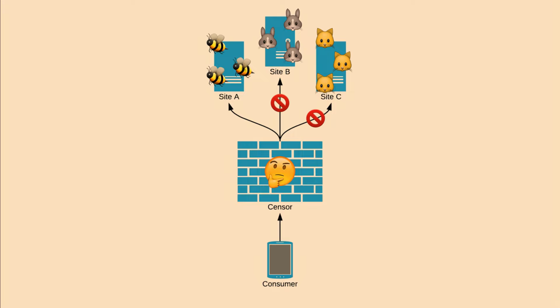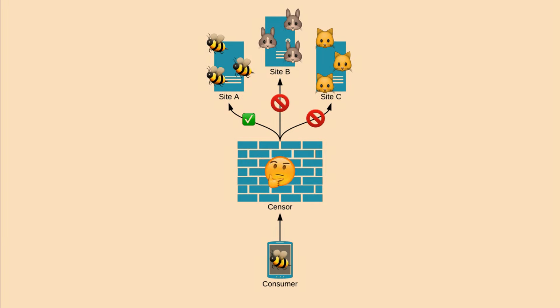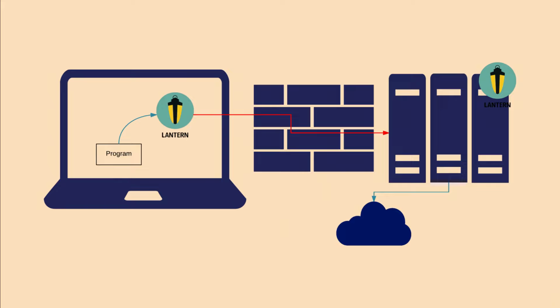But maybe the censor likes bees, so he thinks bees are cute. So he allows you to go to bee sites. And the result is that the censor controls what you are seeing, and so the consumer is only able to see bees.